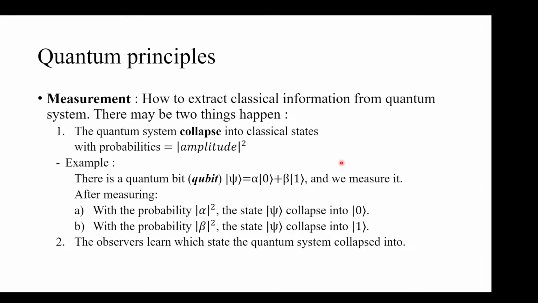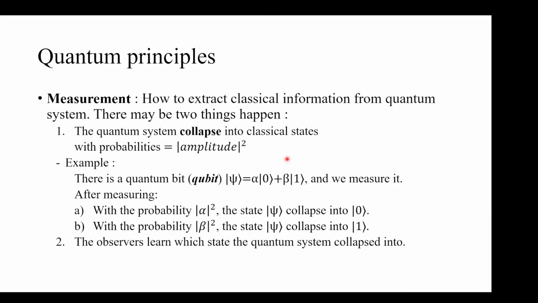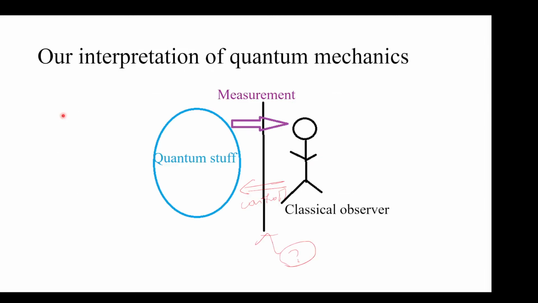Then when you do measurement, something weird happens. You start with your superposition state, and when you do measurement, the state collapses into a classical state. This doesn't happen classically, because measurement is where you read the information out of your system.